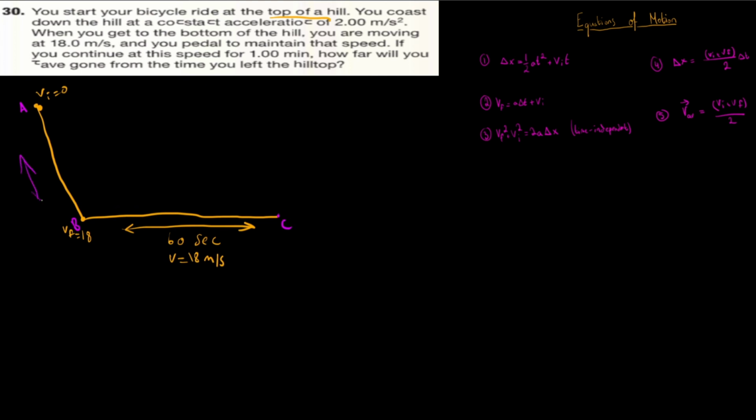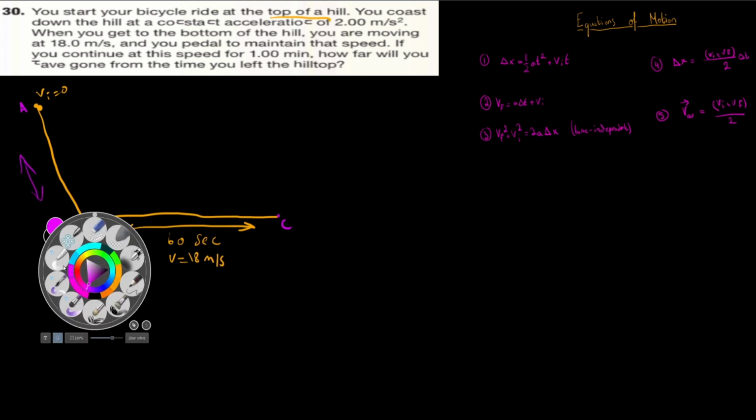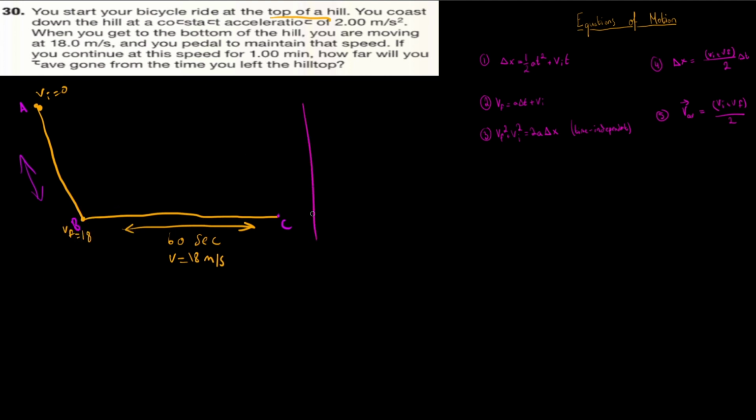Let's find AB first. So let's list out our givens. We have the initial, which is 0. We have the final, which is 18 meters per second. And we have the acceleration, which is 2 meters per second squared. Let's use the formula that's time independent since we don't have the time. And then we can solve for AB.